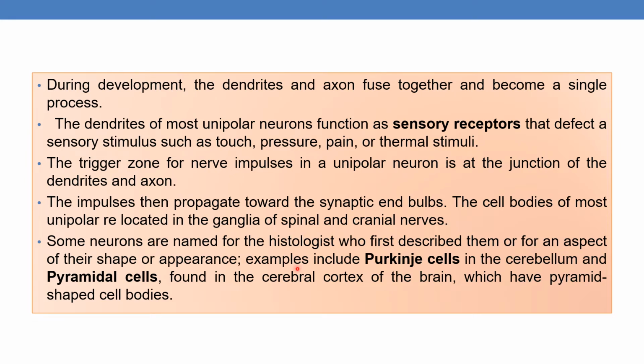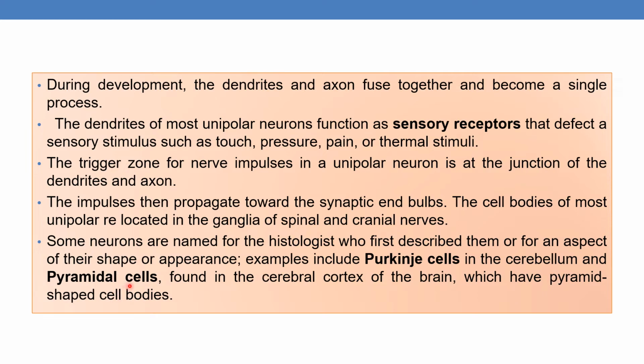Apart from the structural and functional classification, some neurons are named based on the name of the histologist who first described them or from an aspect of their shape or appearance. For example, Purkinje is the name of the histologist who described these cells, hence the name Purkinje cells in the cerebellum.